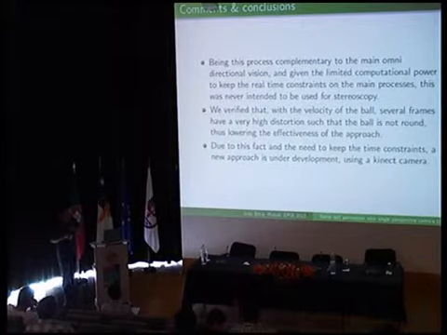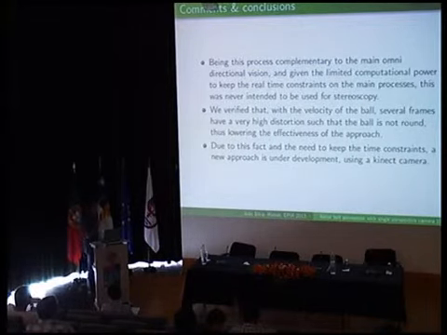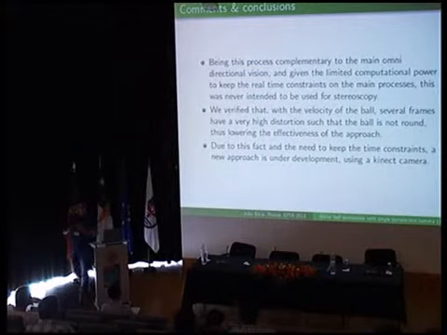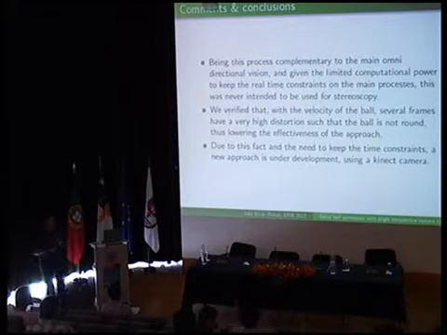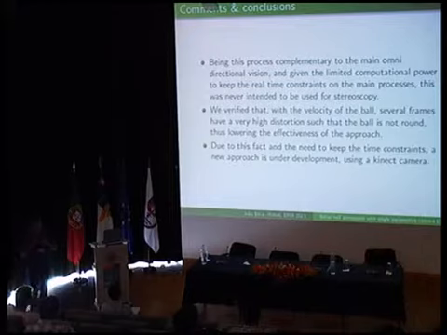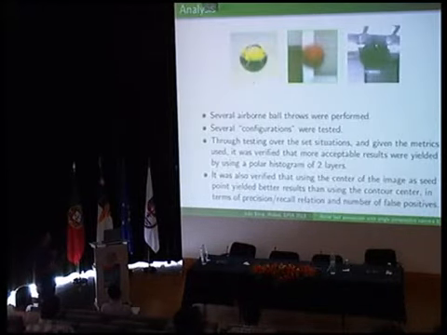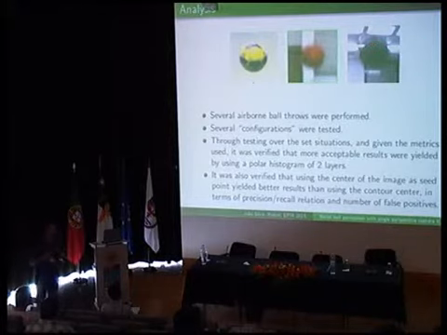Something that we also noticed during the tests is that the ball, most of the time, comes at very high speeds, and the effect on the image is a raster, where the ball just spreads along the image.